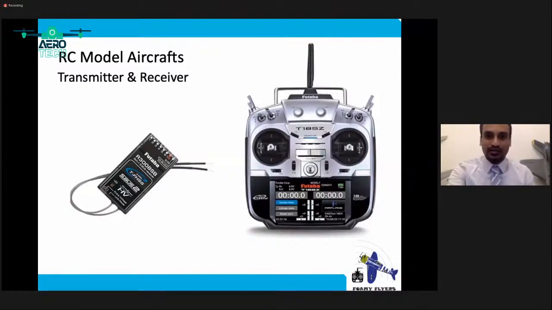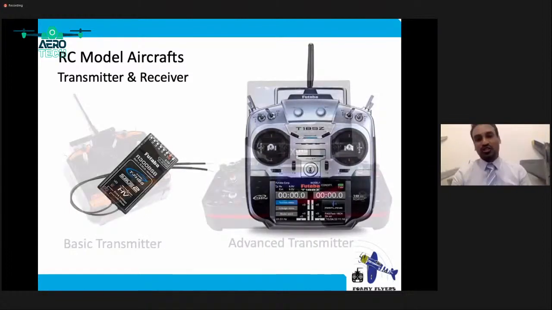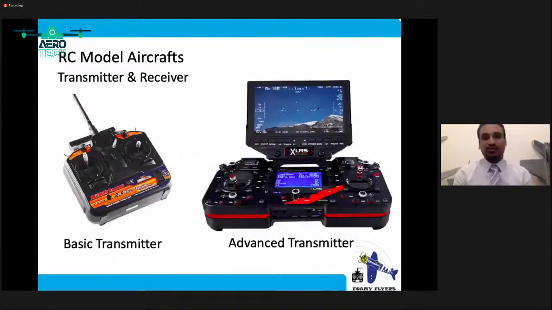Right, let's move on. As I was mentioning, there are basic transmitters as well as advanced transmitters. When I say basic, you might remember that I told you about all the control surfaces like ailerons, elevator, rudder, and thrust, or the power, which has to be there.